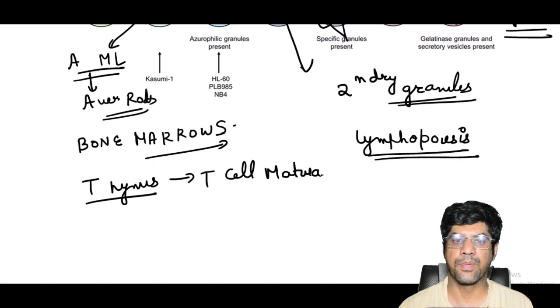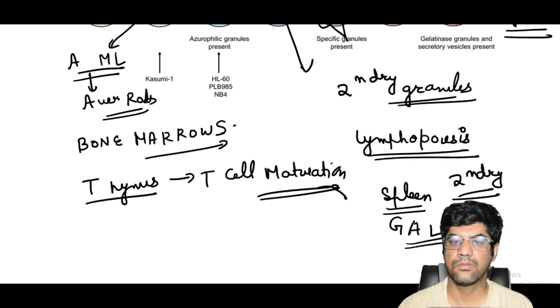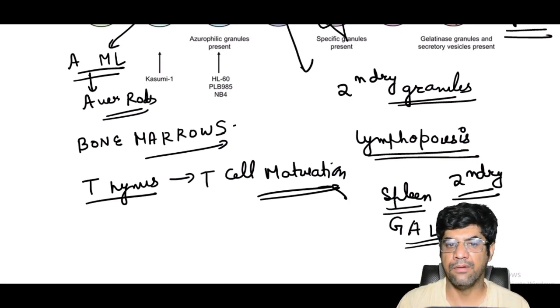So these are the primary lymphopoietic organs, whereas the secondary lymphopoietic organs are the spleen and gut associated lymphoid tissue. The immature lymphocytes, remember, migrate to other organs where they undergo development and are influenced by local factors.